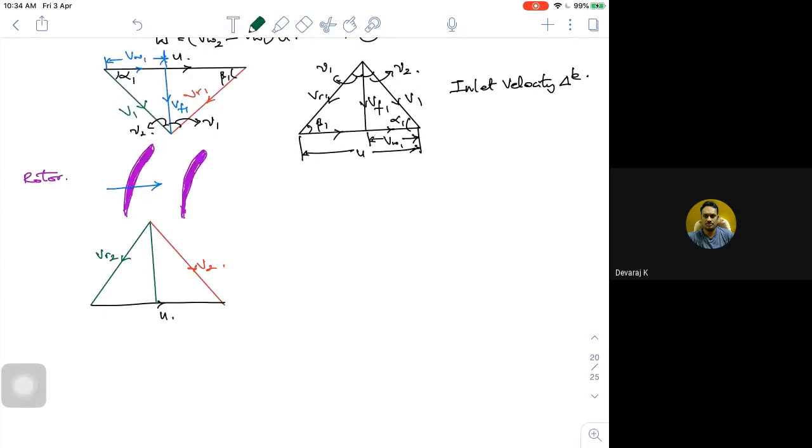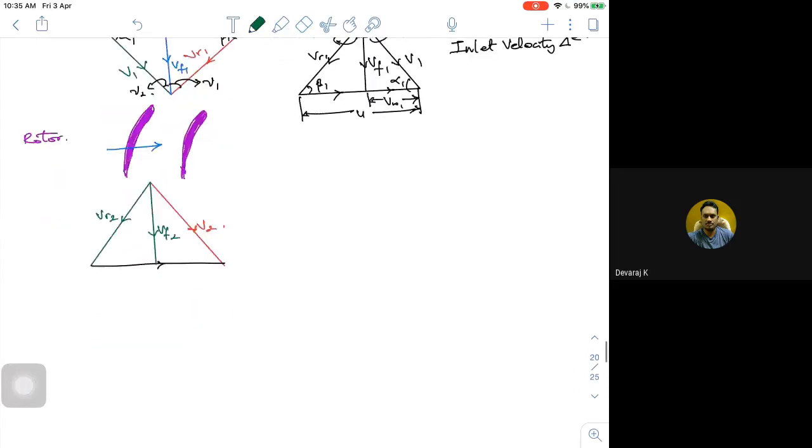That is, this will be my VF2, and this will be my VW2, and this will be my U. It's only U actually, because it's an axial flow machine. And I have my beta 2 here and alpha 2 here. Here also I can have the air angles.